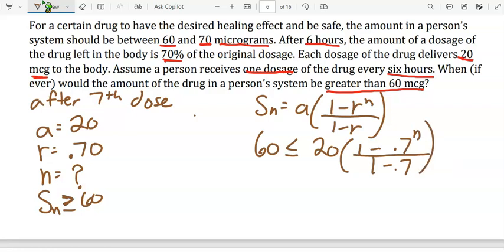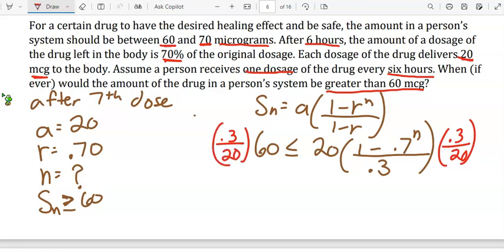Okay, let's simplify this. This will give you 0.3. Okay, so we can get rid of the 20 and the 0.3 by multiplying by the reciprocal. So 0.9 is less than or equal to 1 minus 0.7 to the nth power.